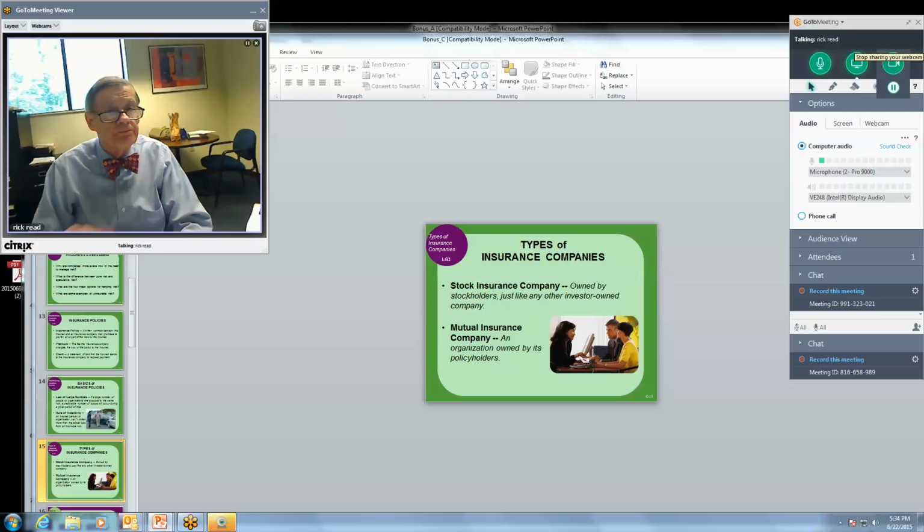A stock company is owned by the people who buy stock in the company. Those people may or may not own an insurance policy. So the difference is a stock company is owned by stockholders, whereas a mutual company is owned by the people who own the policies written by the insurance company.